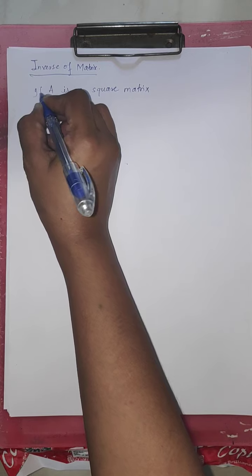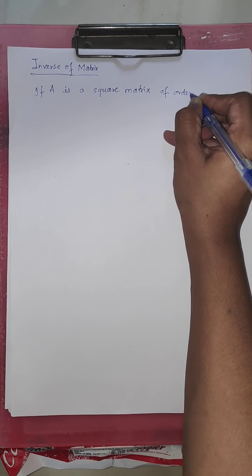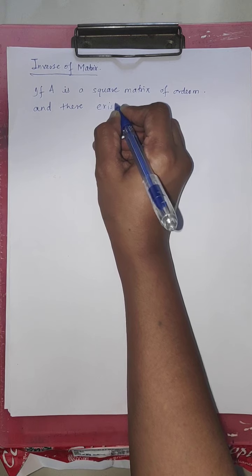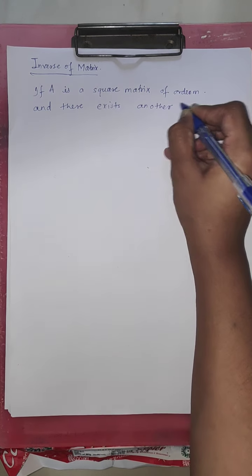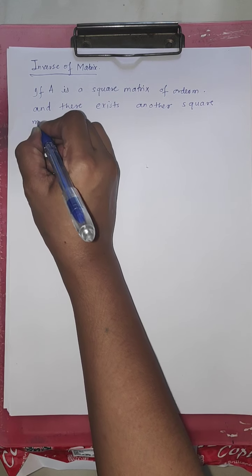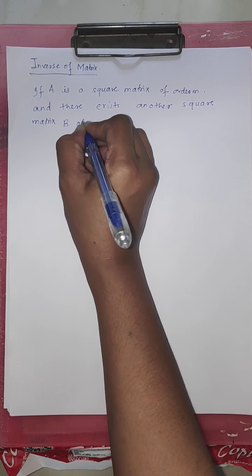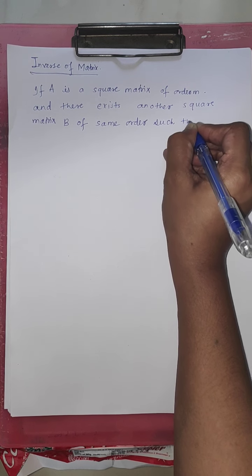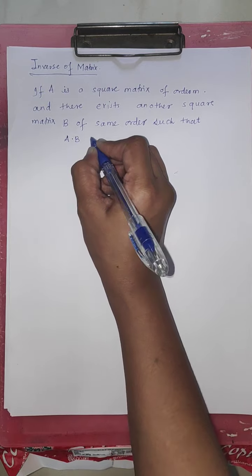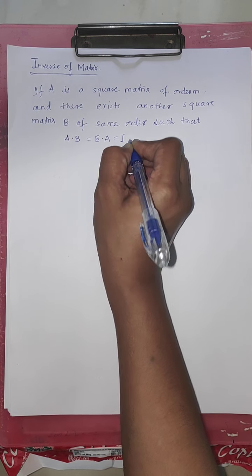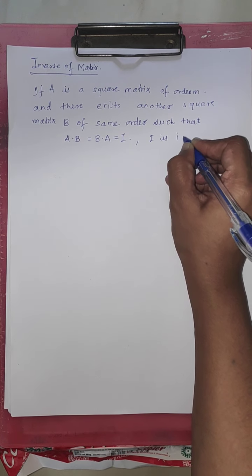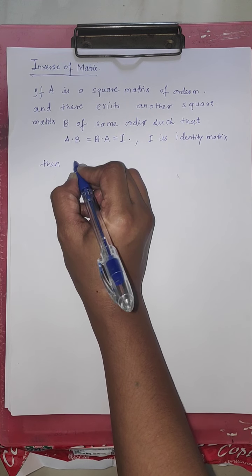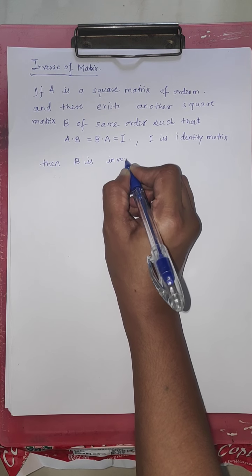If A is a square matrix of order m, and there exists another square matrix B of the same order, such that A into B or B into A is the identity matrix I, then B is the inverse of matrix A.